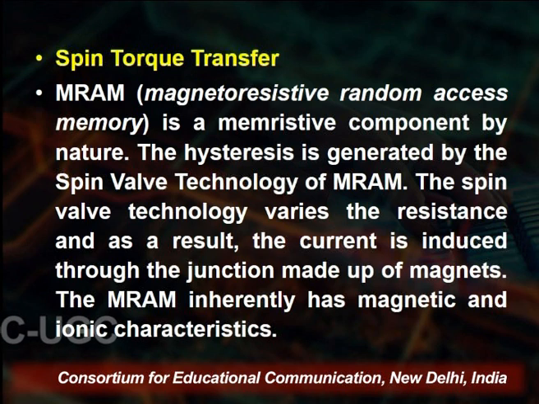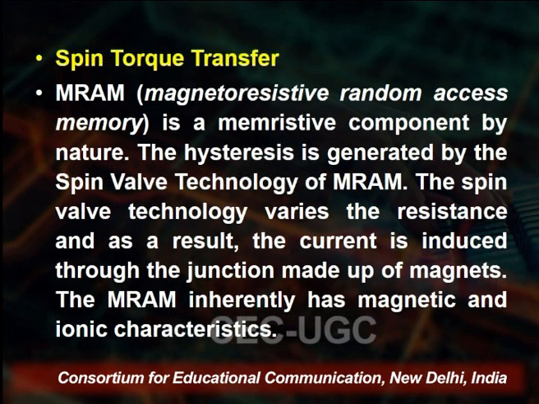Next, also important, is spin torque transfer. Spin torque transfer means torque produced because of the spinning. Now that is MRAM, magneto-resistive random access memory, which is a memristive component by nature. The hysteresis is generated by the spin valve technology of the MRAM.